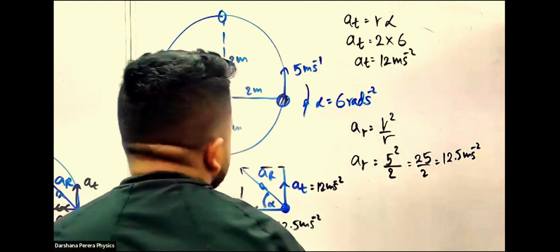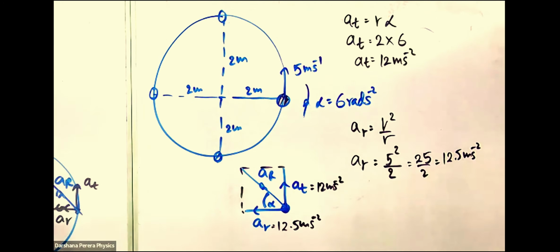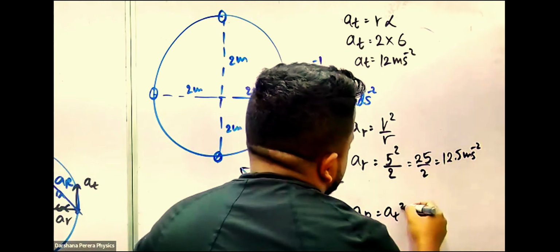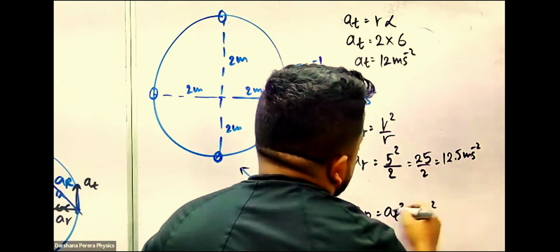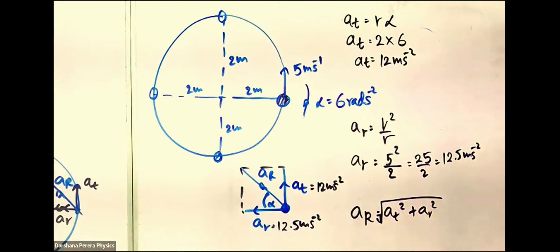We have to take the resultant, right? The resultant AR equals the root of AT square plus AR square.